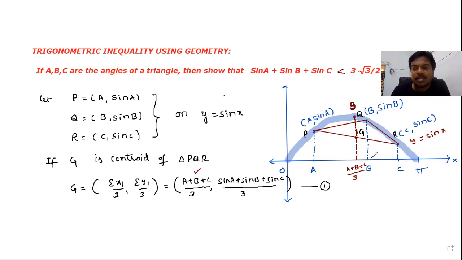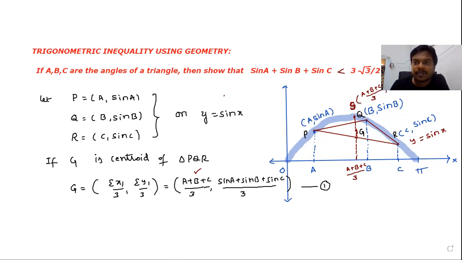The same input, if I give for y equals sin x, then there exists a point S here whose x coordinate is (A plus B plus C) divided by 3, and whose y coordinate becomes sine of (A plus B plus C) divided by 3, right?